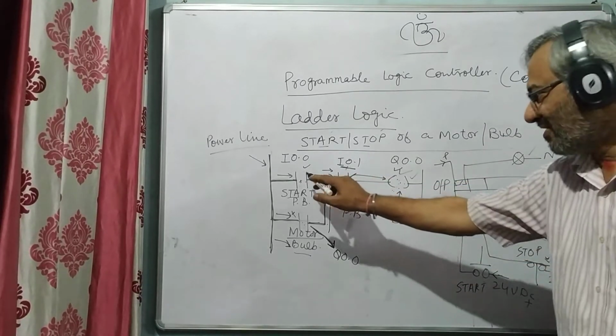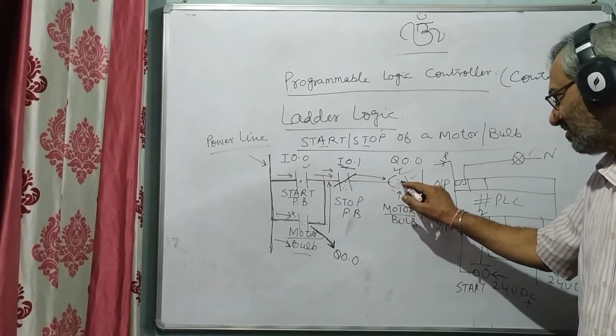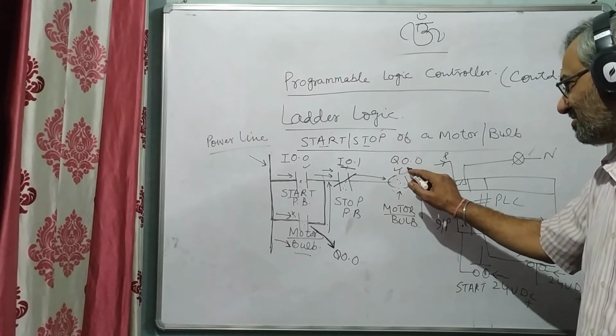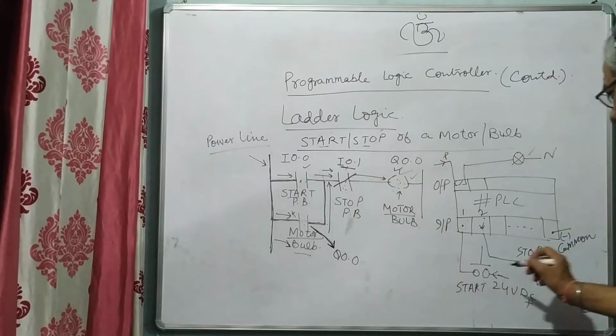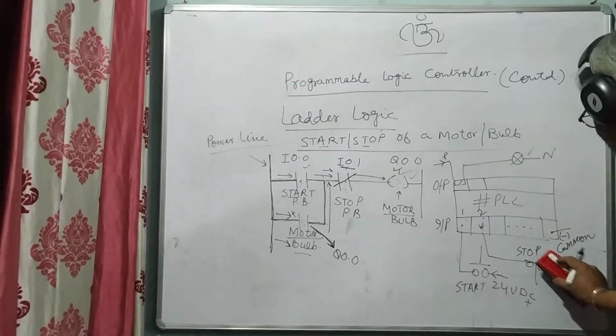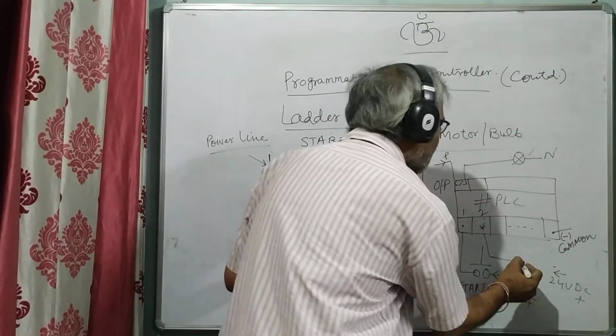So to make this power flow, so that it should reach to this coil, and it should make this relay on and output on, we have to make this stop push button in the physical state as open. It should be in open position.